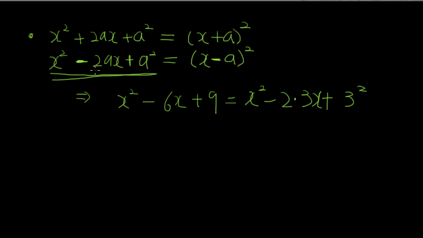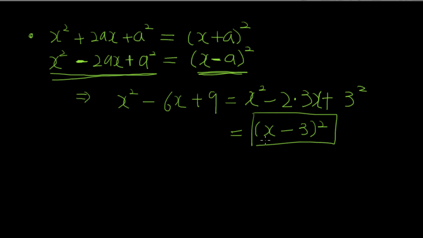X squared minus 2ax plus a squared form. This is the exact same form. Then what should be the answer? The answer for this factoring question is this. So it will be x minus, what's our a? Our a is 3, squared. That's our answer right there.